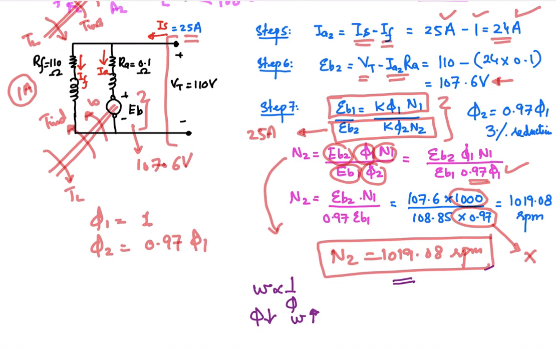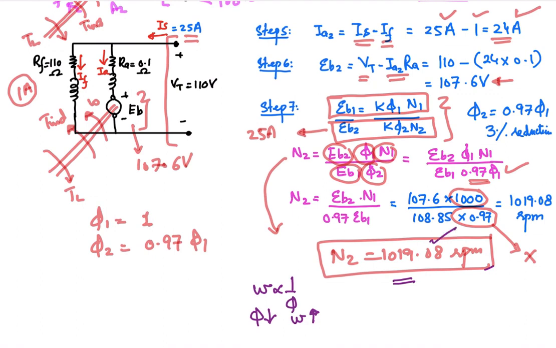So armature reaction in DC motors particularly will increase the speed. In the case of a generator, it will reduce the induced EMF, but in the case of a motor, it reduces the flux. Net flux is weak at the poles, and because of that the speed is going to increase. So because of armature reaction, you observe the higher speed.